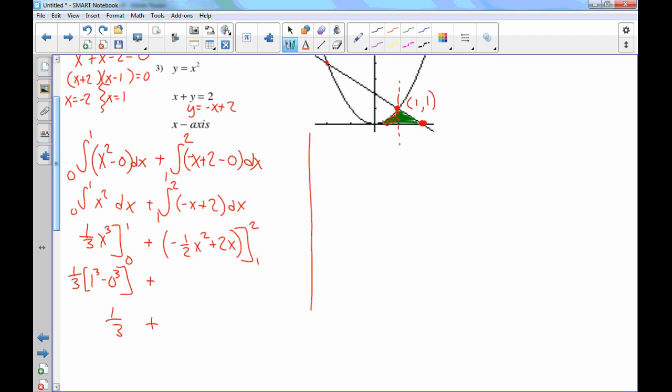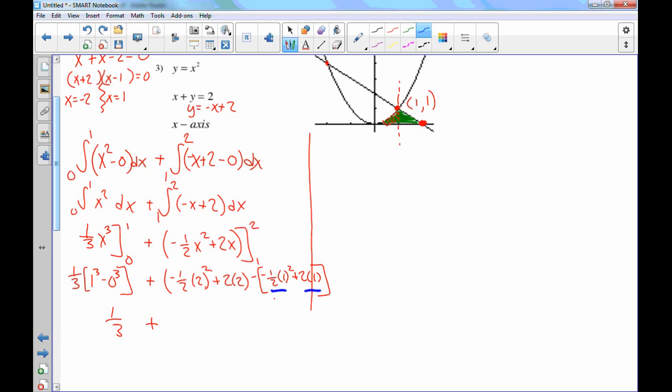Now the other one, we have negative 1/2, plug in the 2 first, plus 2 times 2, minus, plug in the 1. Don't forget that you're actually subtracting both pieces.